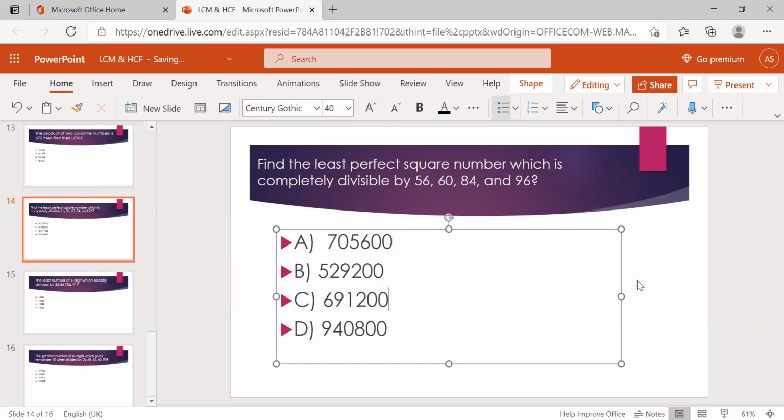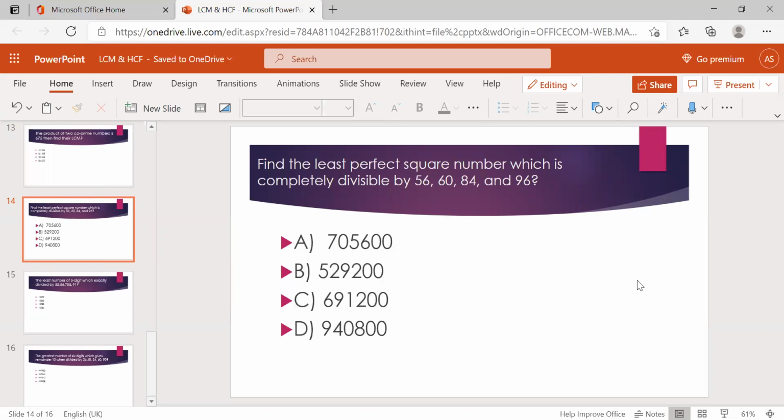But if you want to solve this LCM and HCF problem, not by the rational method, we are going to solve it by eliminating the answers. By options, we are going to solve this very easily.